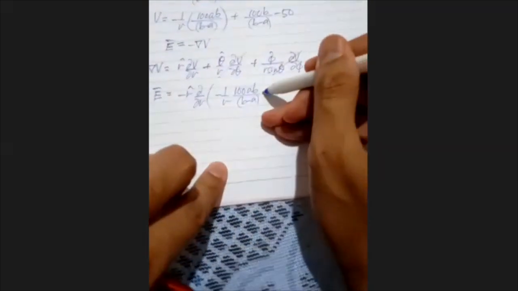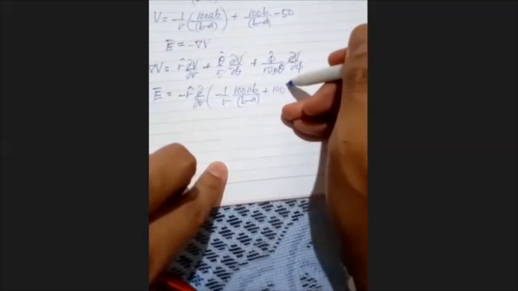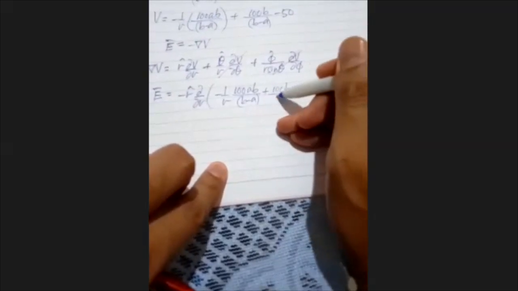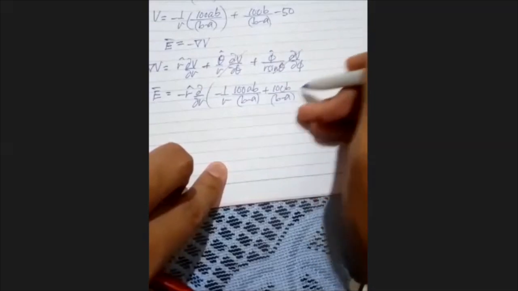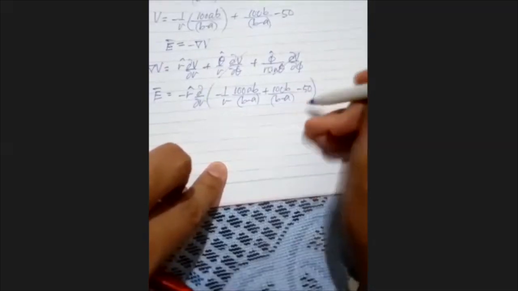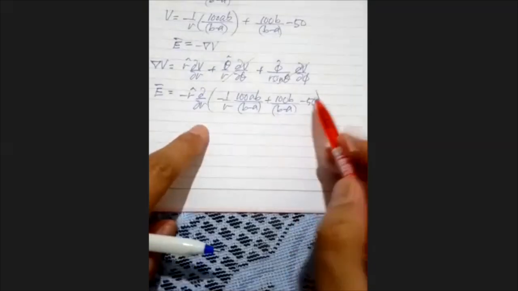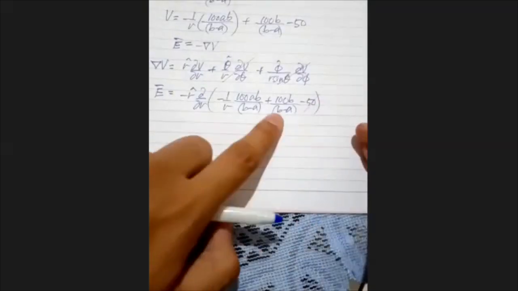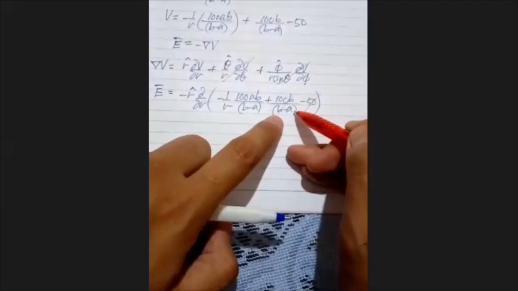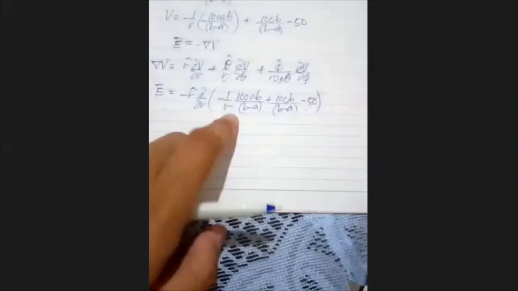And then plus 100b over b minus a minus 50. So we know that if we differentiate, this term will have 0. This term will have 0 because the whole is constant. So just have this one, right?